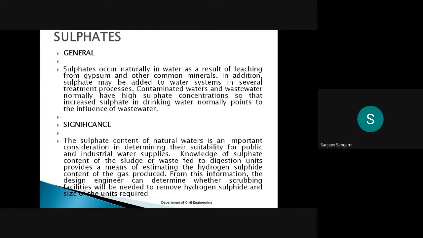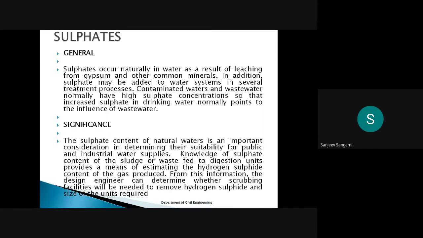Sulfates are also a very important component. We do not require more sulfates in water, we need very little. Only 45 milligram per liter of sulfates is required.